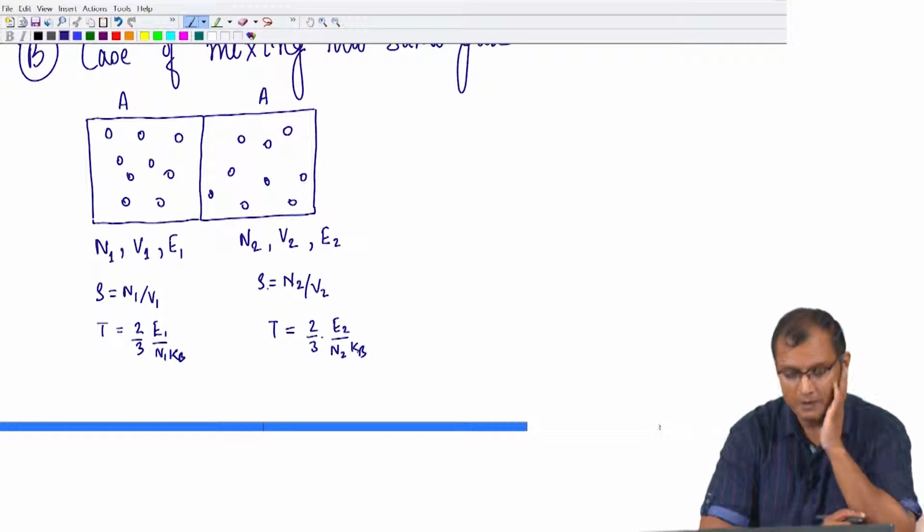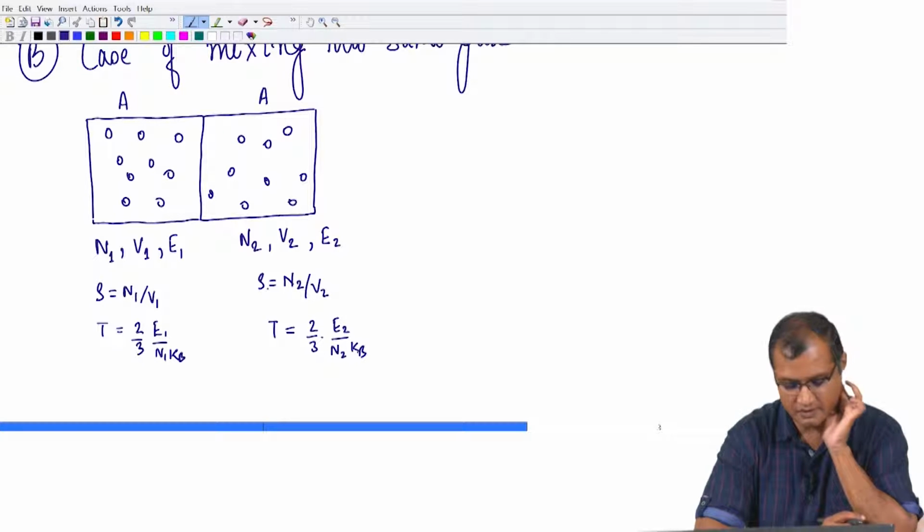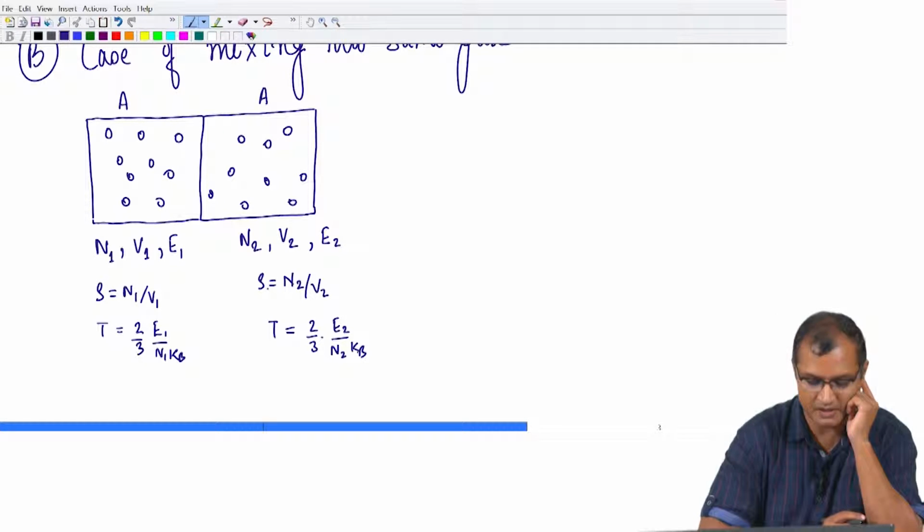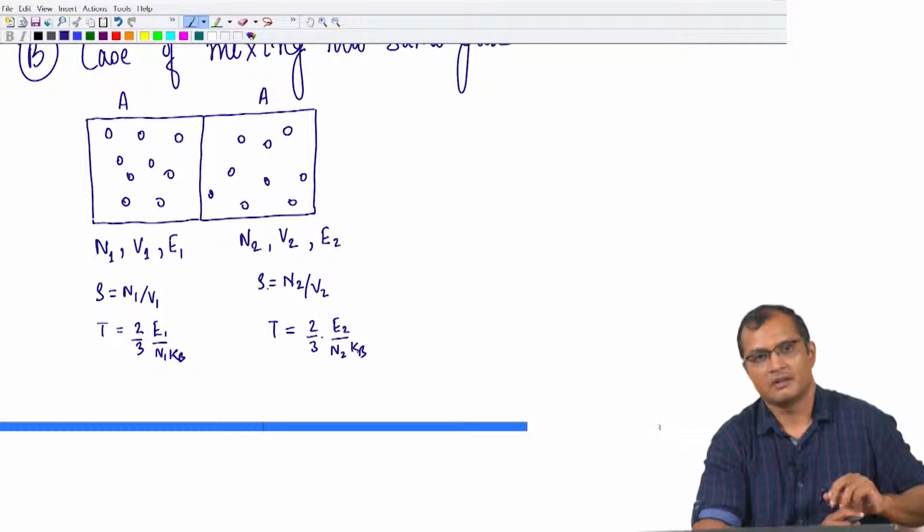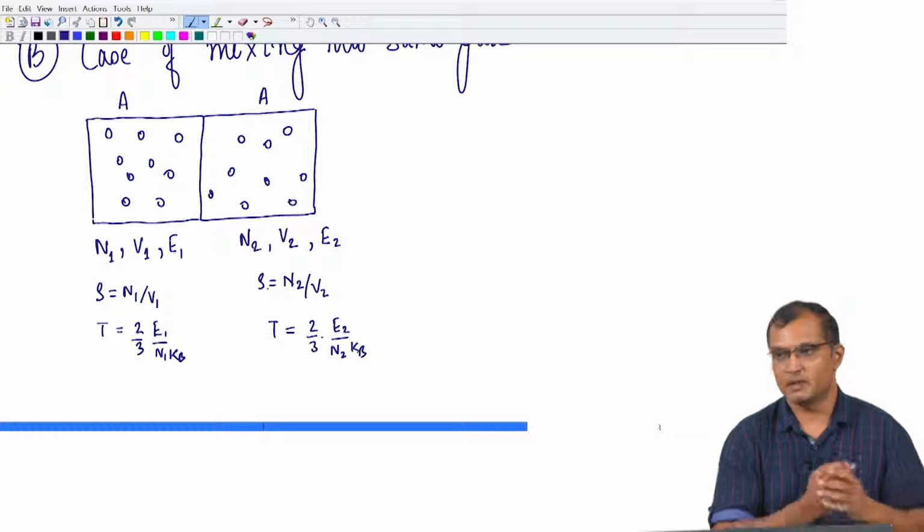Okay. So, in some sense keeping same temperature on both sides means the energy density is same, E1 by N1 is the same as E2 by N2 on the other side.